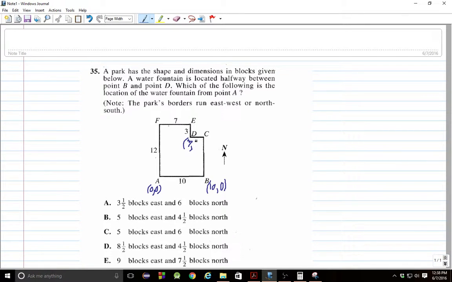And then 12 minus 3 over here gives us 9.